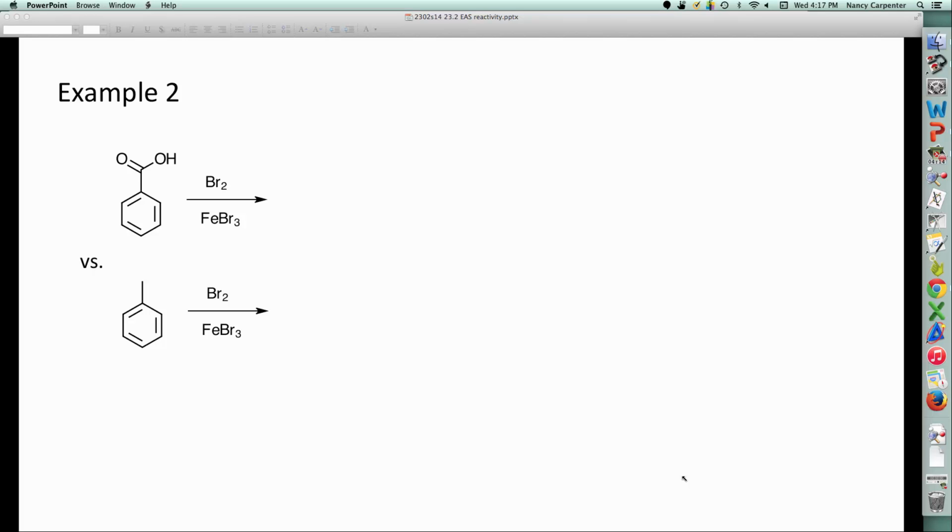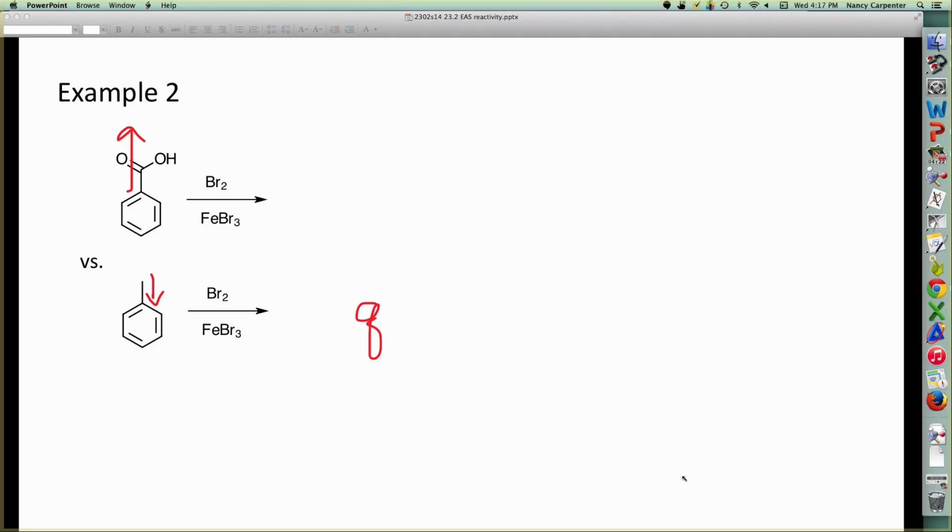All right, what about these two examples? Which of these will undergo bromination much more quickly? Well, I have an electron withdrawing group here, and I have a weak electron donating group in the methyl group.